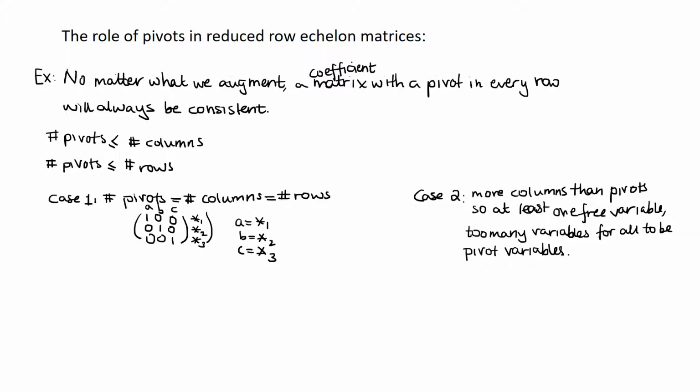We don't have enough pivots. Okay, so the consequence of this is that every equation in our system is going to have the form that comes from a pivot variable being written as a function of free variables.